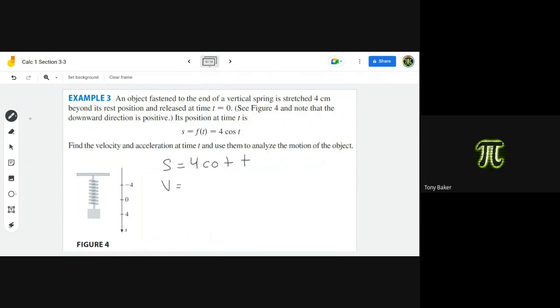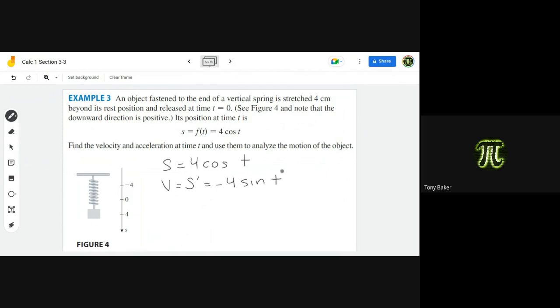Oh, you're right, cosine. I had t's on the brain. What's the velocity of your position? Correct, it's S prime. So what's the derivative of 4 cosine t? -4 sine t.